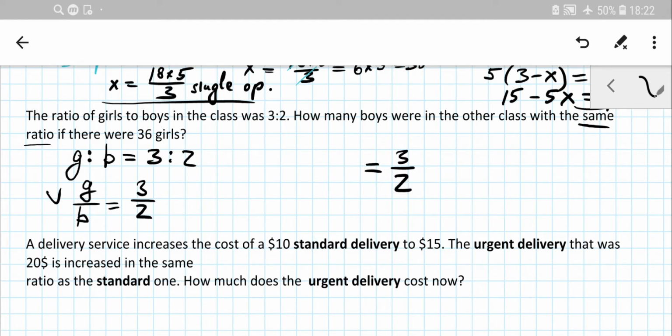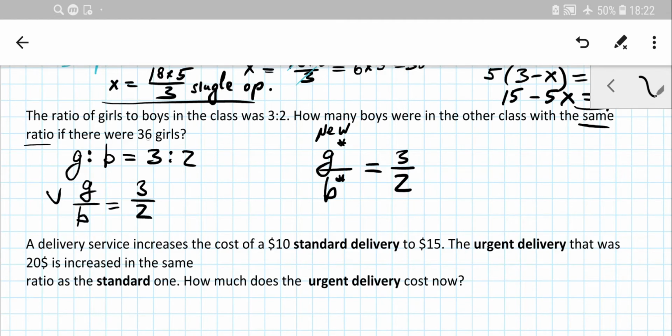But with new values. If there were 36 girls, you set up a new ratio, girls with a star, which means new, and boys new. The star signifies that we have other variables, but I mark them as G and B as well, with stars.